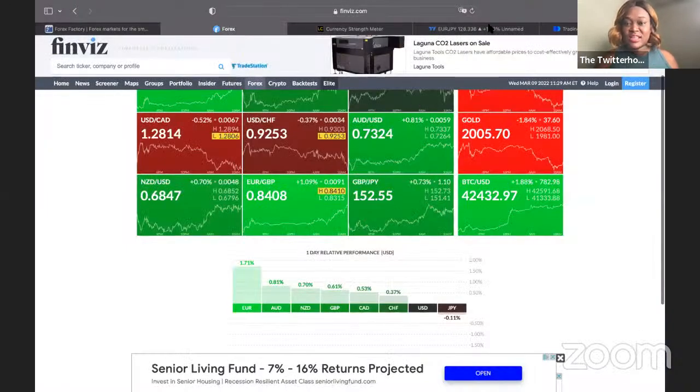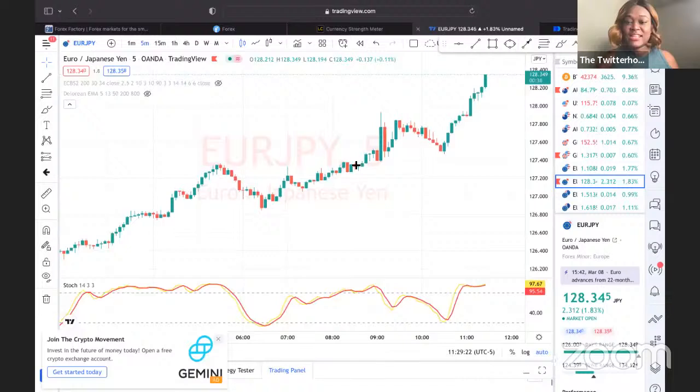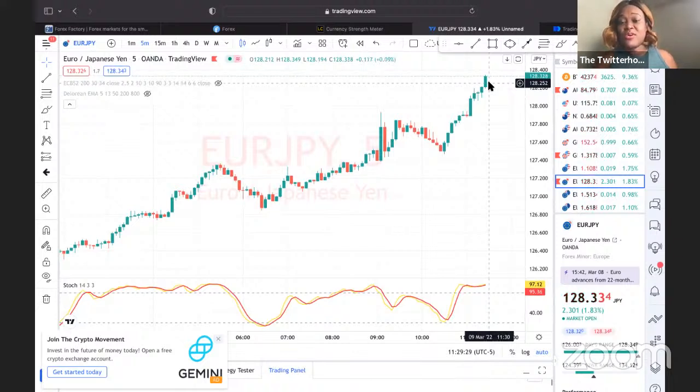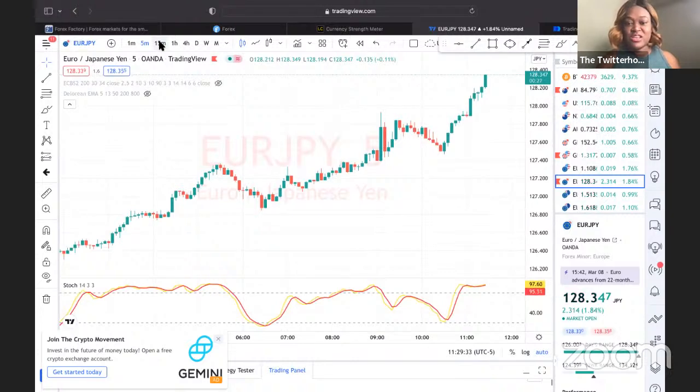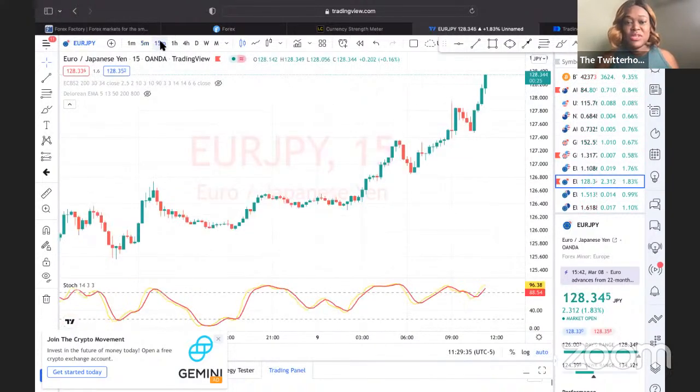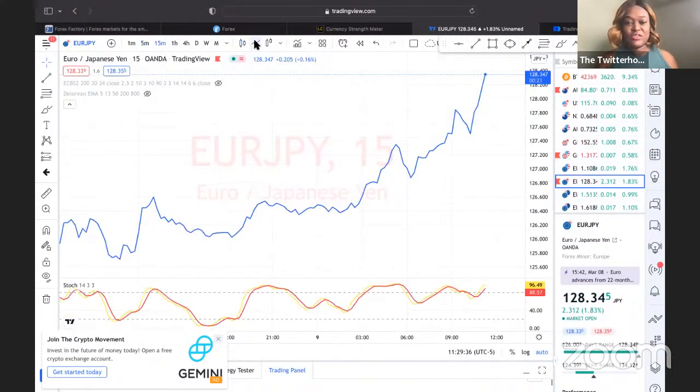But from looking at this, we have missed our chance. So now we need to wait for a pullback to be able to get into a trade on Euro JPY. But this thing seems like it's on a runaway train, going, gone, right?